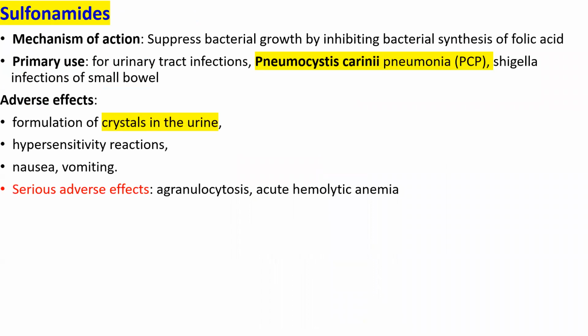Sulfonamides: the mechanism of action is to suppress bacterial growth by inhibiting bacterial synthesis of folic acid. The primary use is for UTIs, urinary tract infections, pneumocystis carinii pneumonia, PCP, and shigella infections of the small bowel.